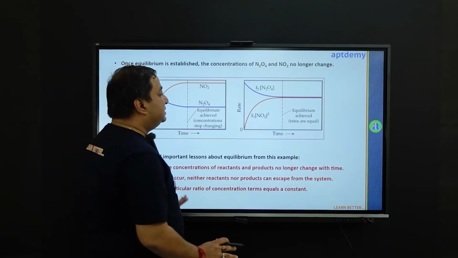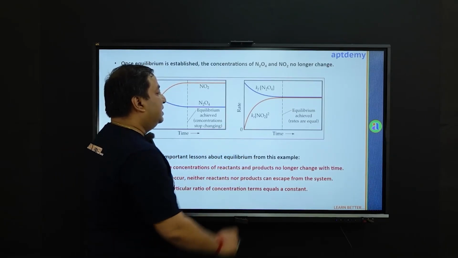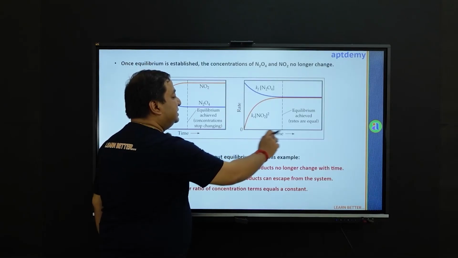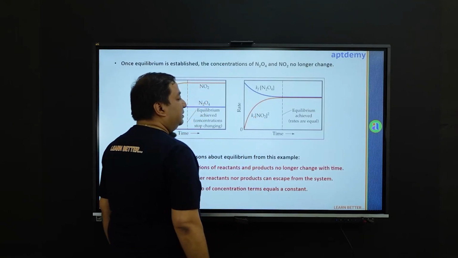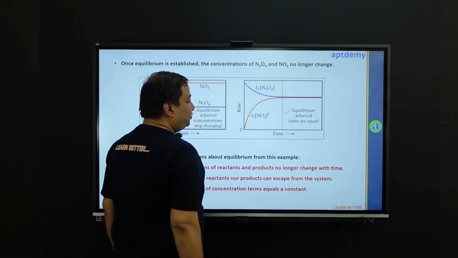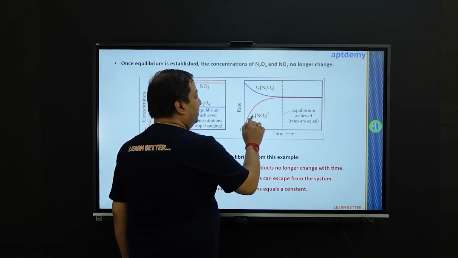Let us now consider the rate versus time graph. Rate is along the y-axis, time is along the x-axis. Now the rate at which the forward reaction is happening is shown here.